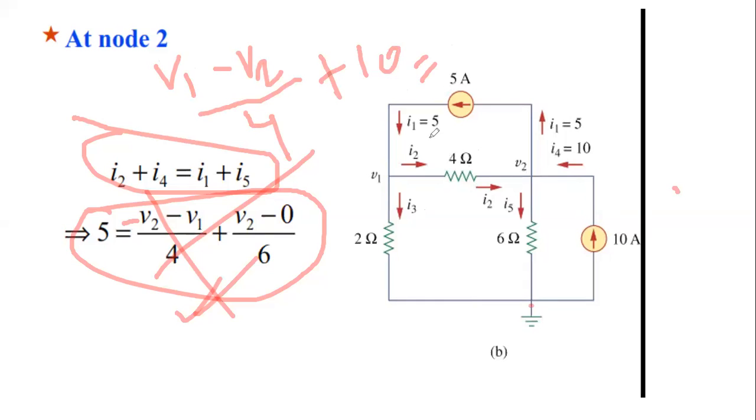I1 is 5. So you can write it 5 plus I5. I5 is V2 minus 0 by 6 or V2 by 6, you can write directly.